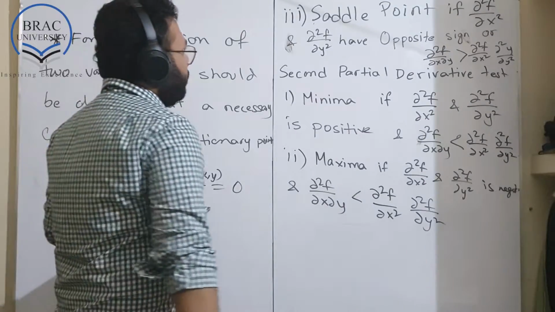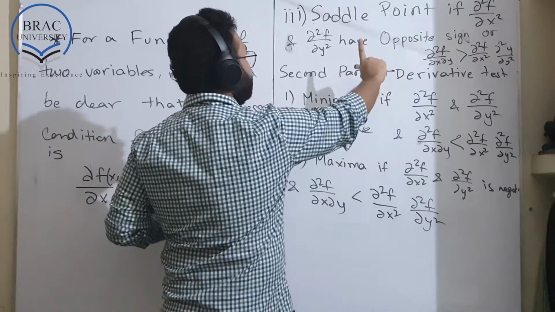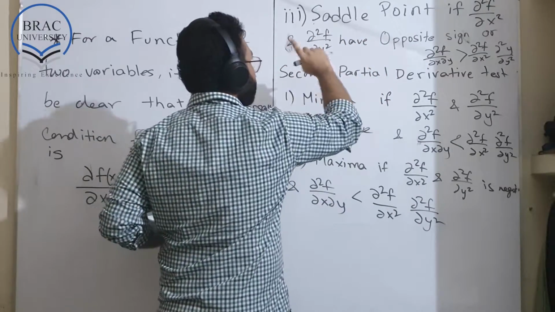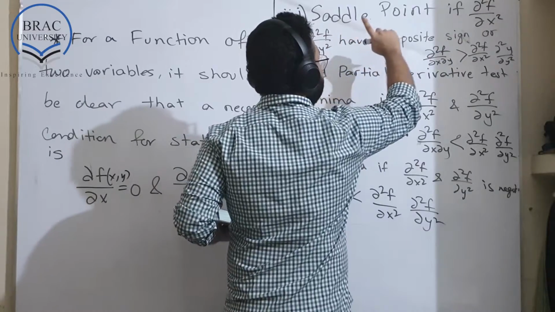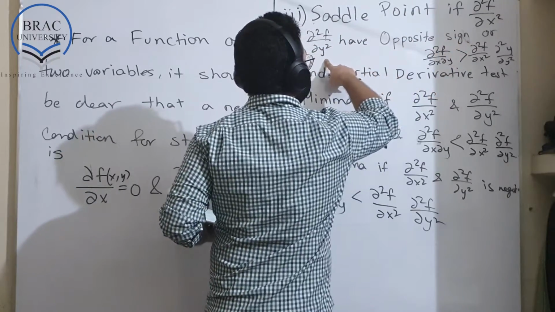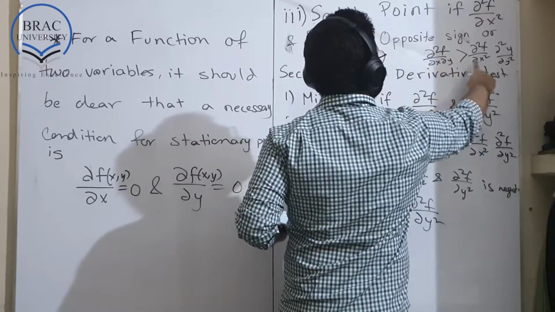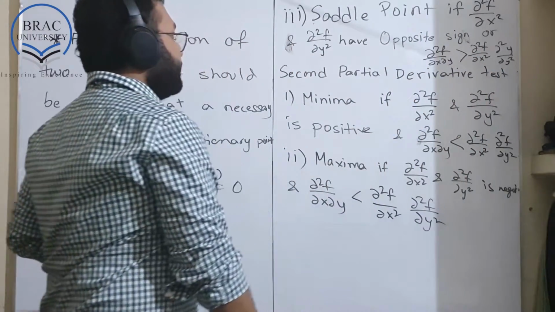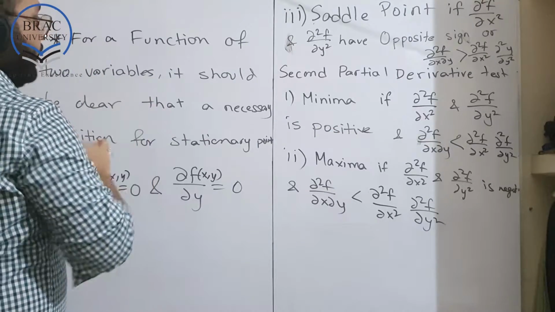And we have a saddle point. A stationary point is a saddle point if the second derivatives with respect to one variable and another variable have opposite signs, or this condition is satisfied. This is the second partial derivative test for a two variable function.